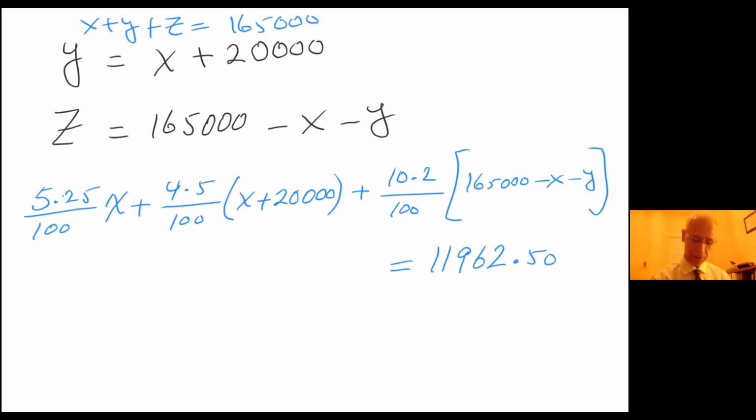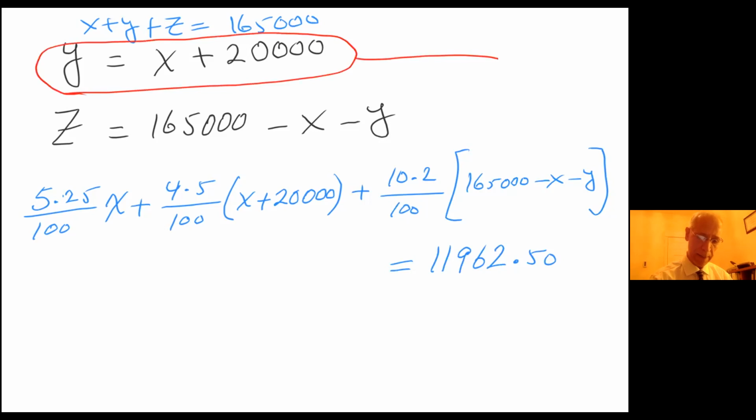So the first thing I like to do is substitute this Y, which is X plus 20,000, in here. Once I do that, I have everything in terms of X, so it's going to be easier for me to solve.